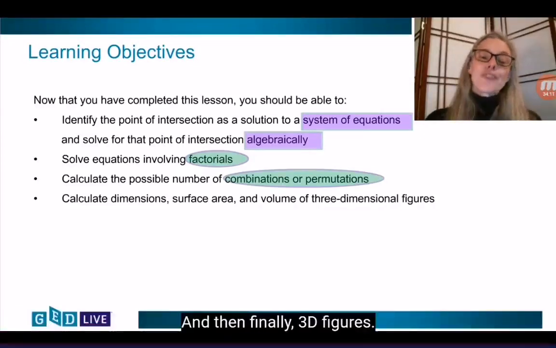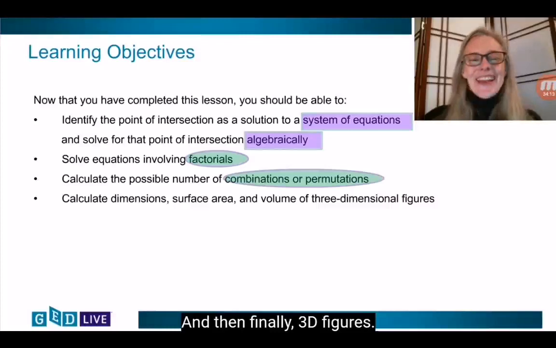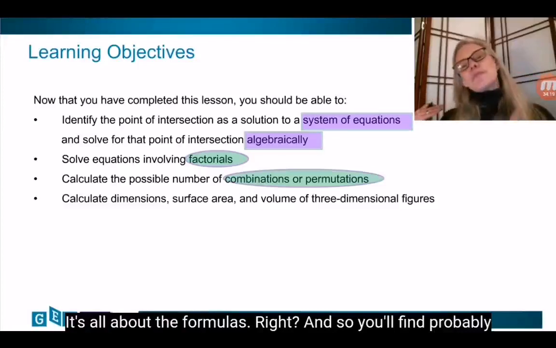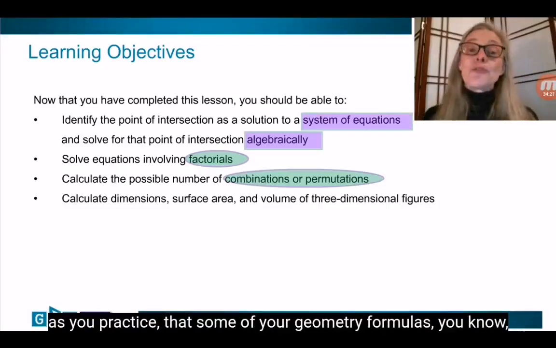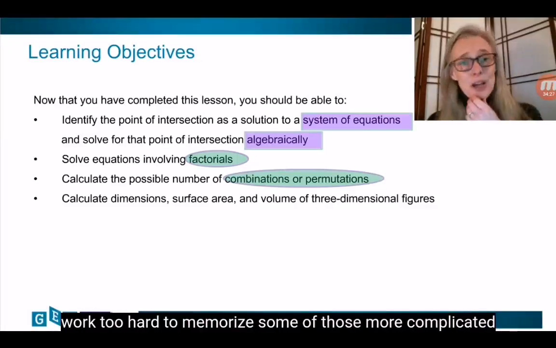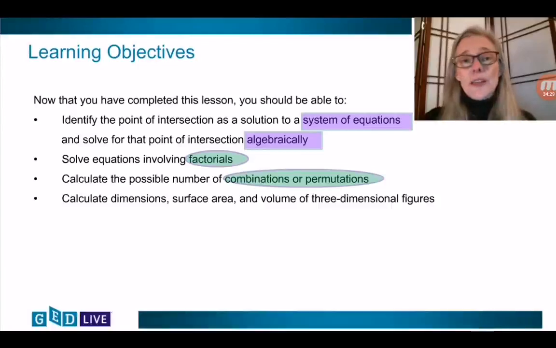Okay, and then finally, 3D figures. It's all about the formulas, right? And so you'll find probably as you practice that some of your geometry formulas naturally work their way into your brain. You don't have to work too hard to memorize some of those more complicated formulas, because you're going to be able to look them up.